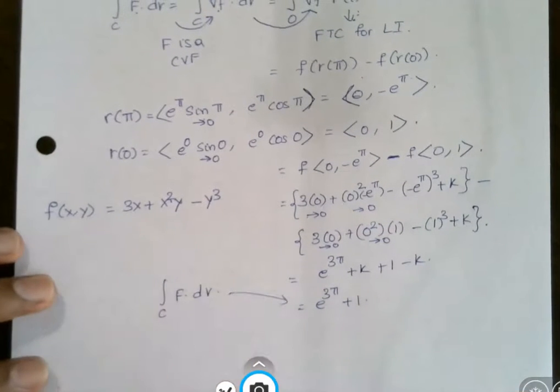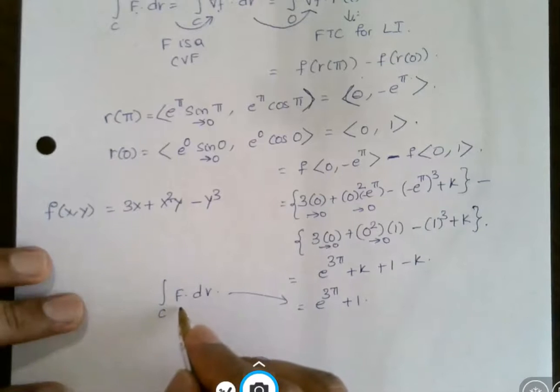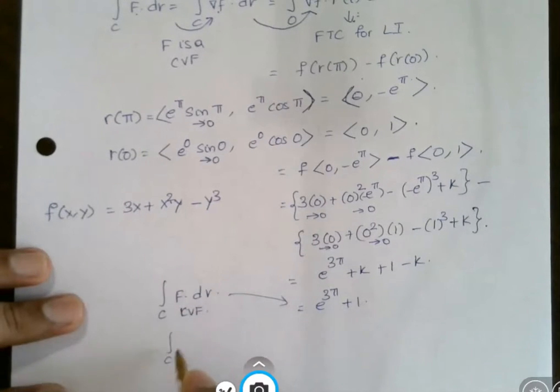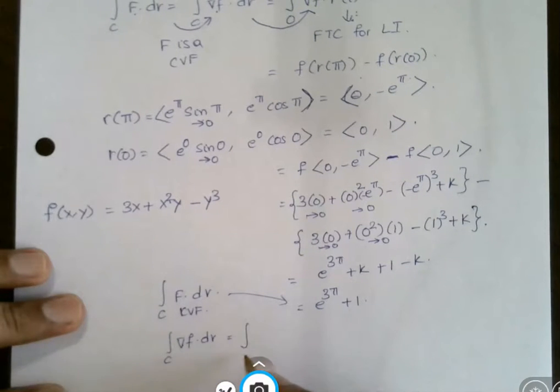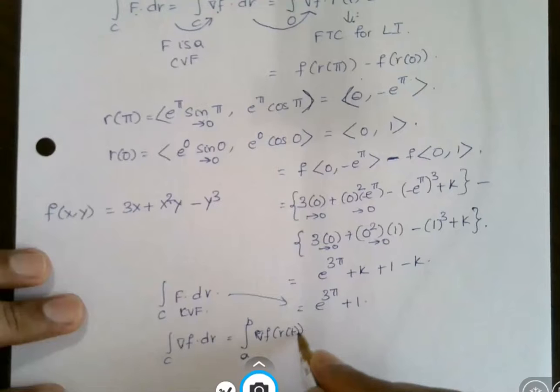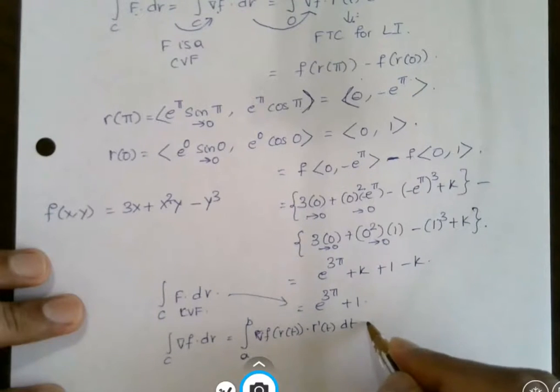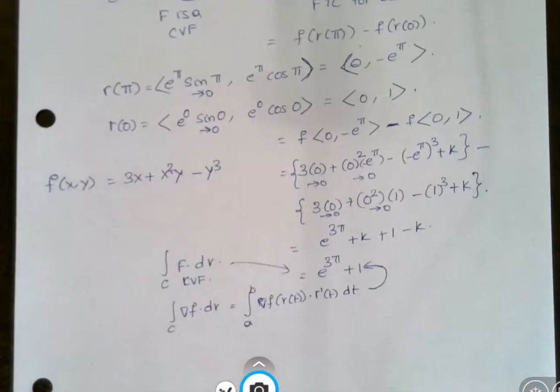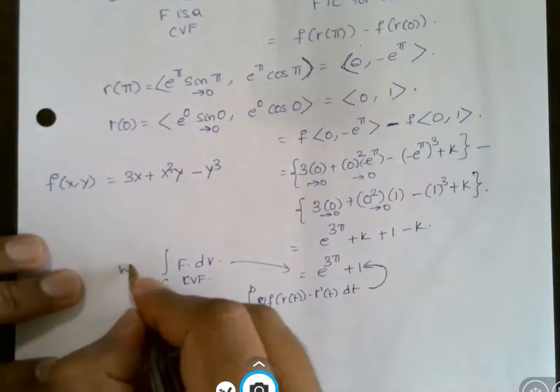Remember that because this was a conservative vector field, I could write this as gradient of f dot dr. Upon transforming the limit, you get gradient f of r of t dot r prime of t dt, and upon substituting the limit you get that. You might think, why am I interested in doing that? This is nothing but the definition of work.